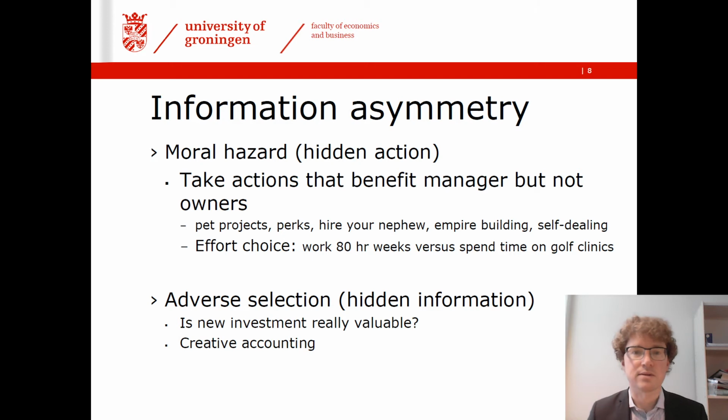Basically, the information asymmetry comes in two guises. One guise of information asymmetry is called moral hazard, or sometimes hidden action. The manager might take actions that benefit themselves, but not the owners or the funders of the firm. So the manager might engage in their pet projects rather than the more lucrative projects.